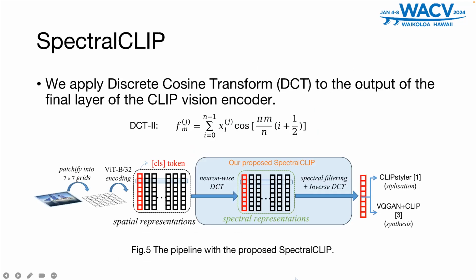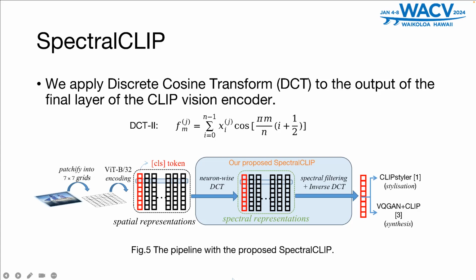SpectralCLIP is a plugin component independent of the downstream tasks. In this work, we use the base version of Vision Transformer as the CLIP vision encoder in our experiments. Specifically, we take the representation of the final layer corresponding to each patch, along with the class token, and flatten the representations into a sequence of 50 indexes.